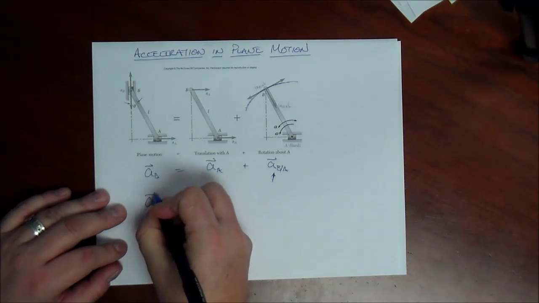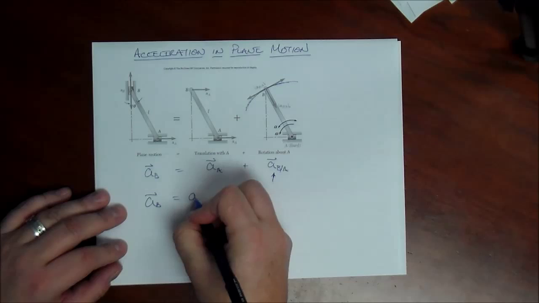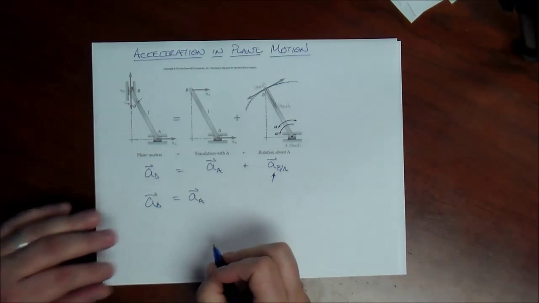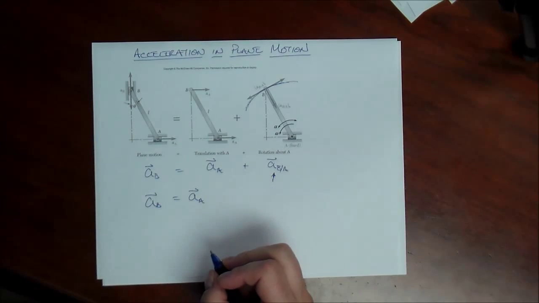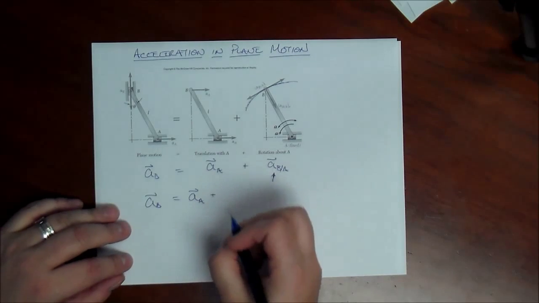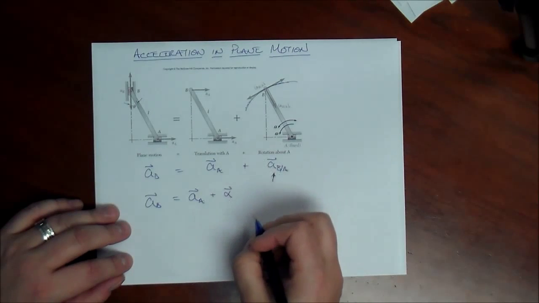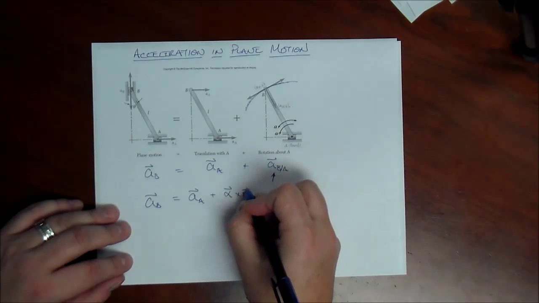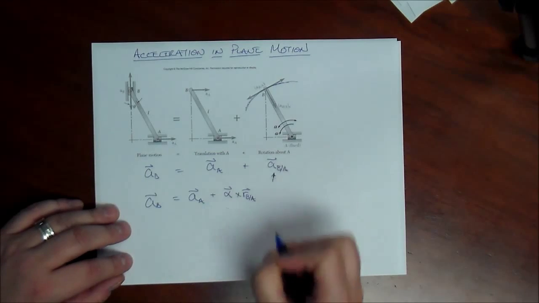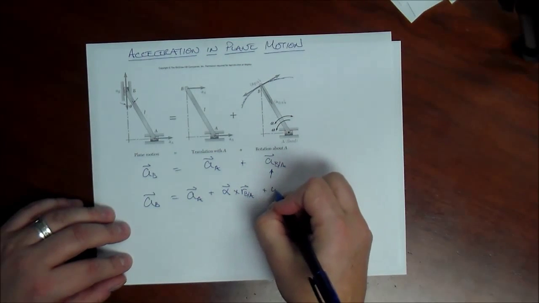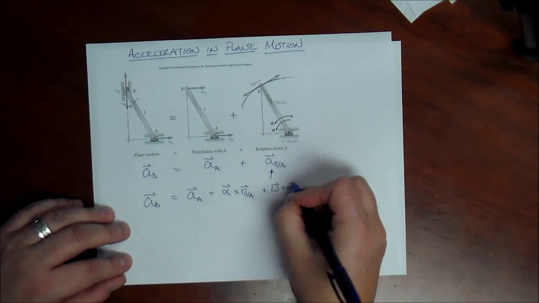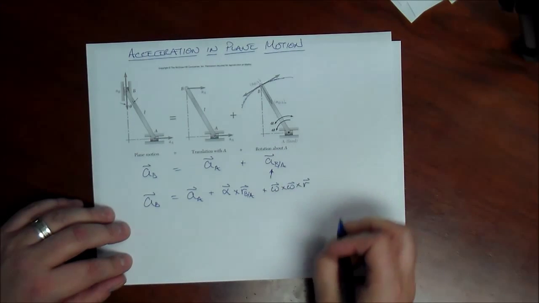So the acceleration of B is equal to, the translation part is just the acceleration of A, right, plus the angular acceleration cross with the position of B relative to A, plus omega cross omega cross r.